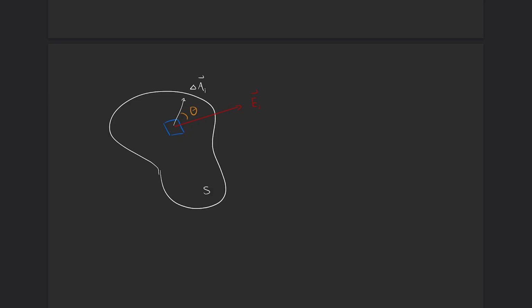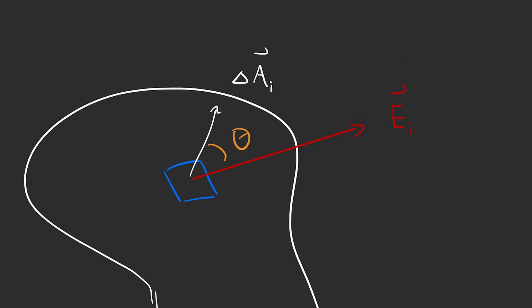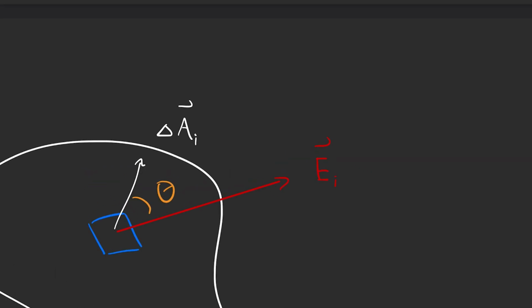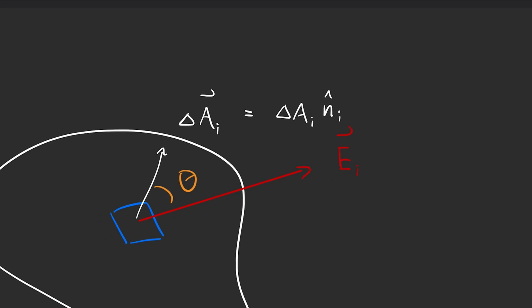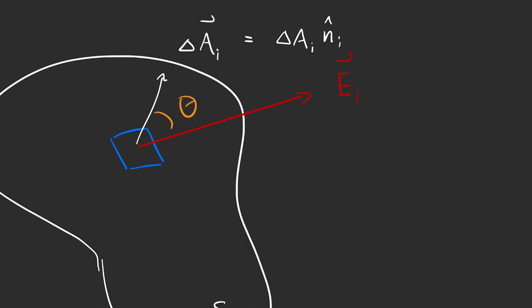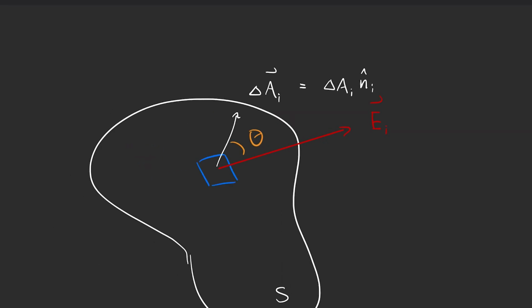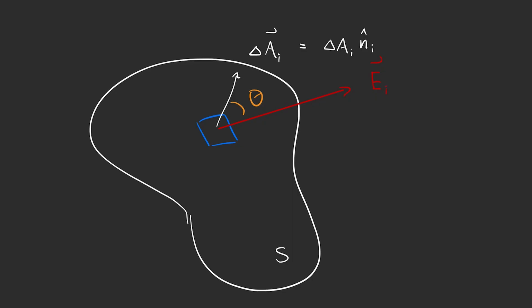To compute the electric flux, we need to divide the surface into a number of infinitesimally small area elements, which I will denote delta A sub i, and this is a vector. Again, the magnitude is delta A sub i, and we have a normal vector n sub i. For a closed surface, we want our unit vector n to point in the outwards normal direction to the surface at that infinitesimal area element.